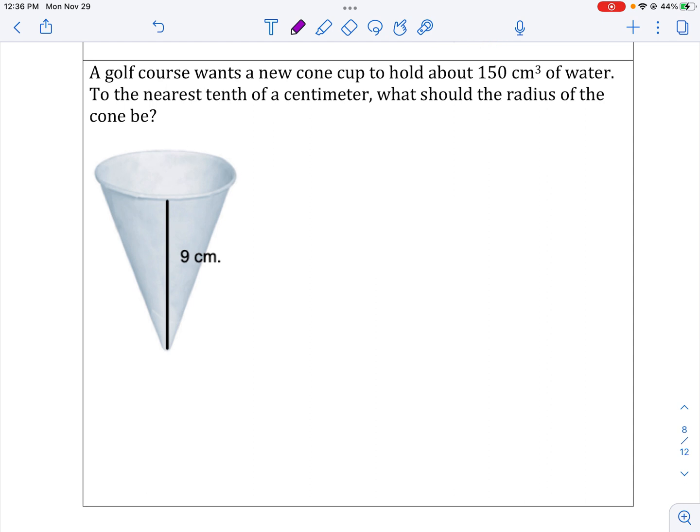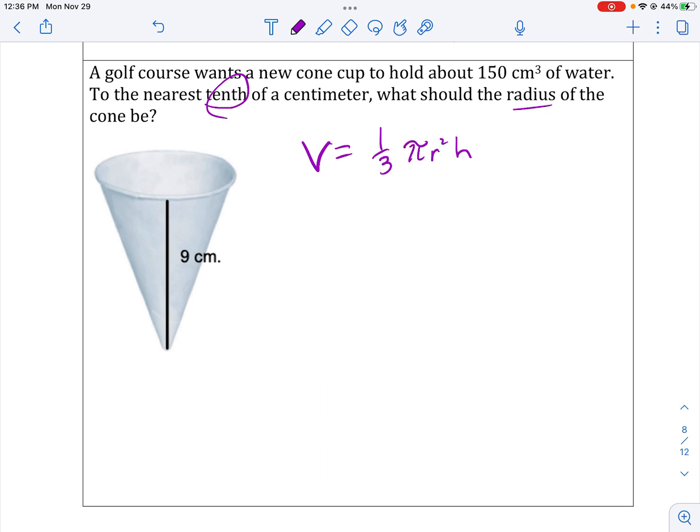So a golf course, those of you who have been on a golf course have seen these cone-shaped cups before. They want to buy a new cup to hold about 150 cubic centimeters of water to the nearest tenth of a centimeter. So we're rounding to the nearest tenth. What should the radius of the cone be? So first thing I'm going to do is write down the volume formula for a cone.